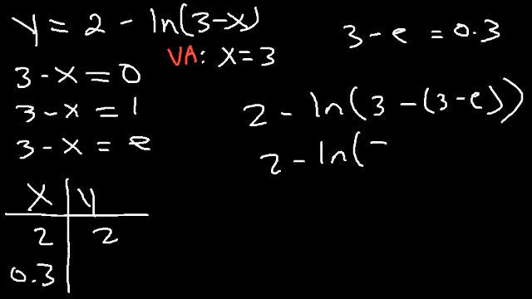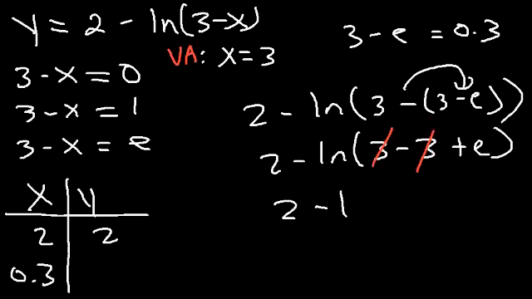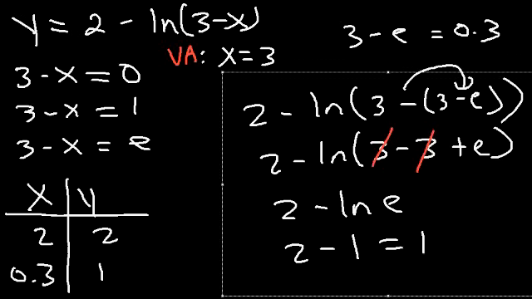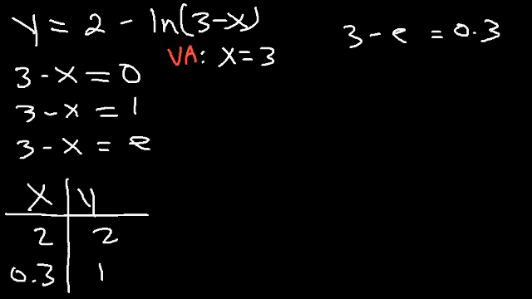So this is ln(3 minus (3 minus e)), but if you distribute the negative sign, plus e. So the 3's cancel, and you just get e on the inside. ln e is 1, so 2 minus 1 is 1. As you can see, this method is designed to produce integers in terms of the y values, which makes it easier to graph.